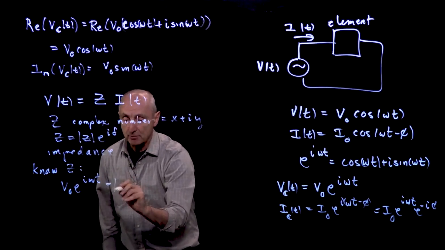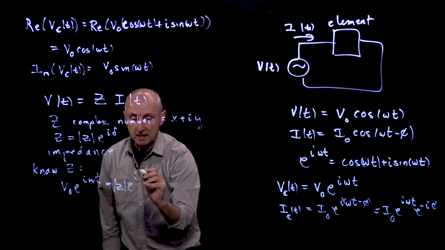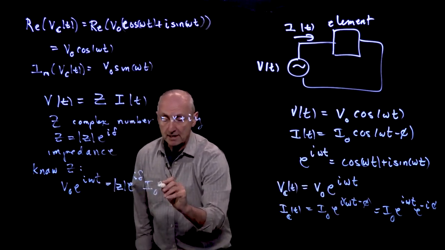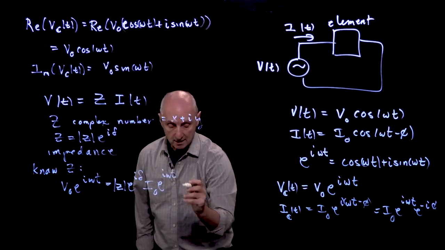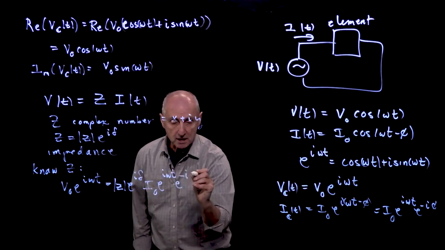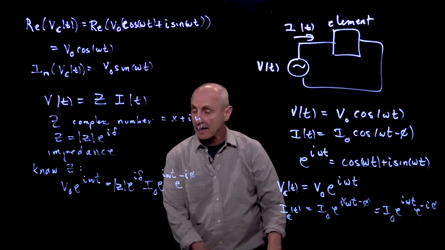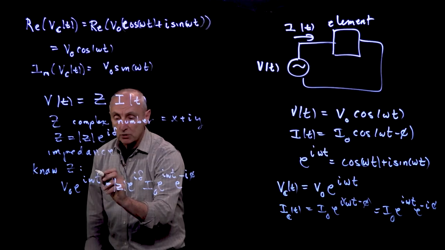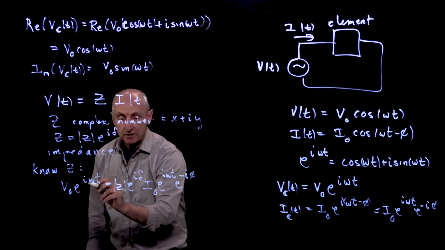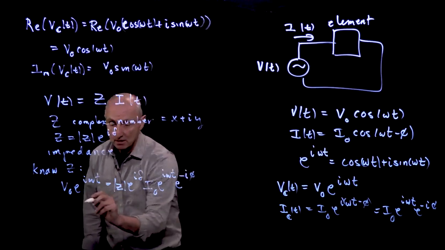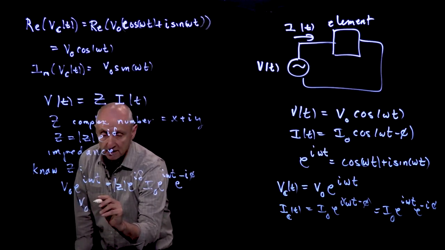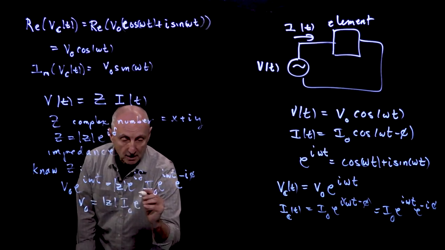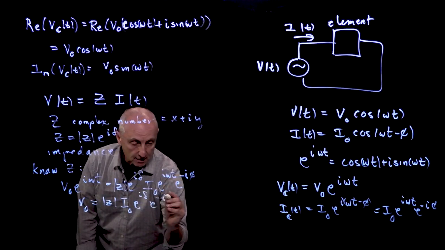This equals the complex number, modulus times e to the i delta, times the current response, which is I naught e to the i omega t times e to the minus i phi. Now, for one, you can see that we can divide through by e to the i omega t. So our first step is V naught equals the modulus times I naught times a complex phase times another complex phase.